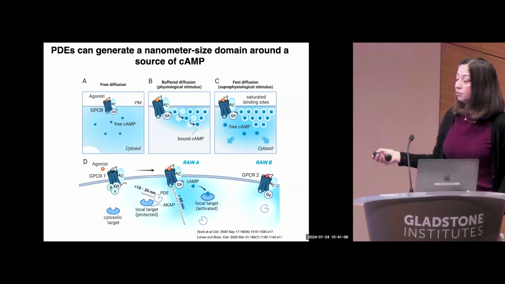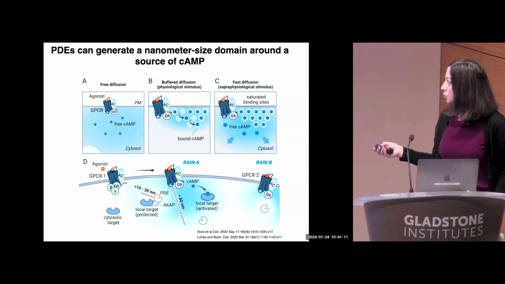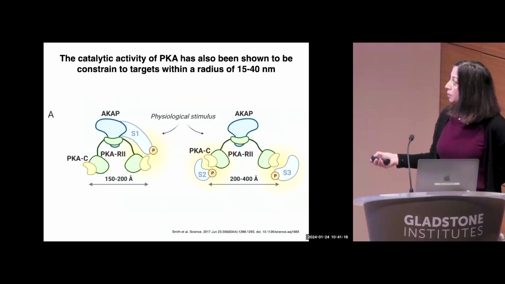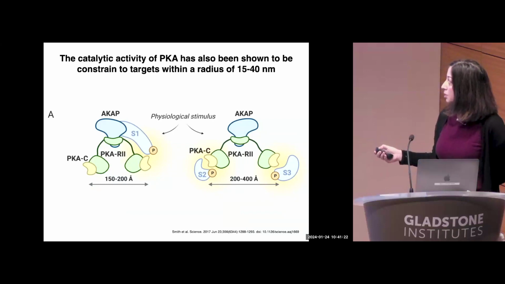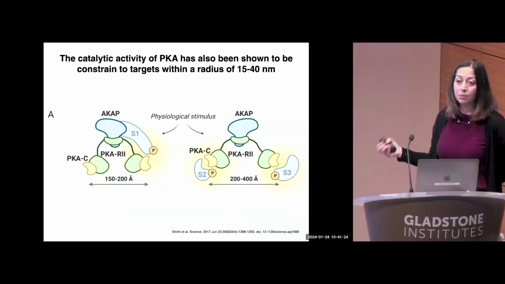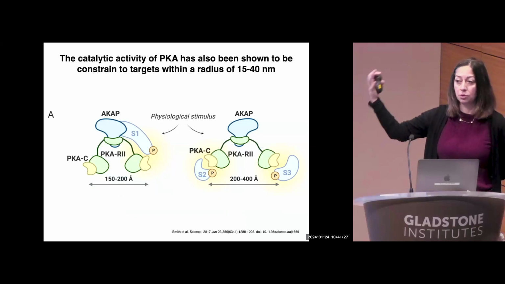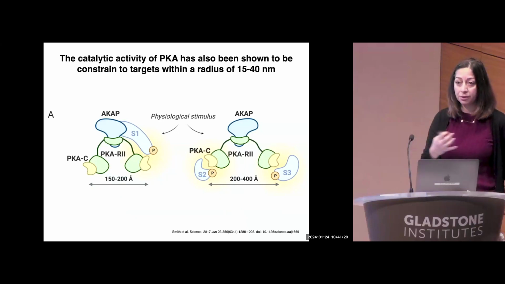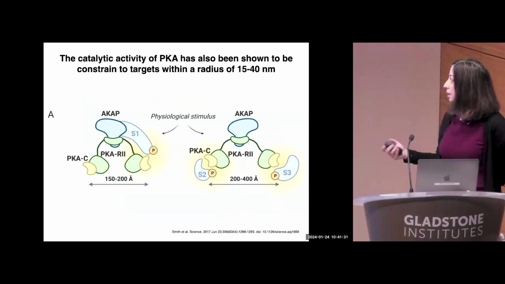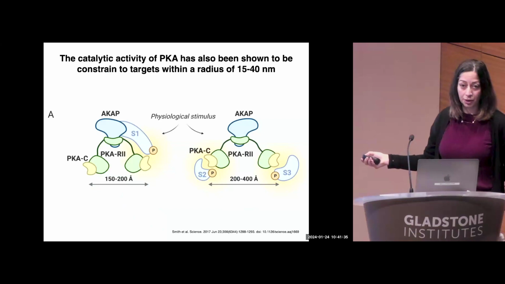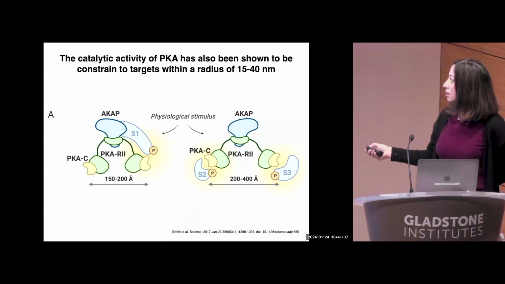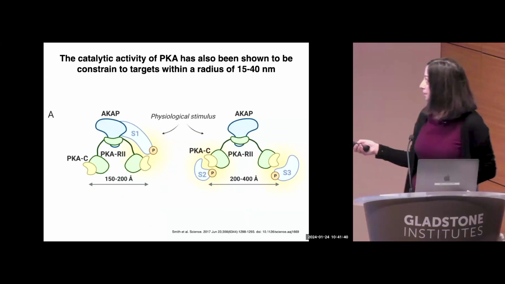There are really beautiful biophysical studies showing these measurements. On the other hand, we also know that PKA, which is the main kinase downstream of this receptor and cyclic AMP activation, was thought to have a catalytic subunit that can travel far from the source of its activation and activate different substrates sitting within the cell. From more recent data, we know that this is not the case. They can travel as far as only a few nanometers as well.